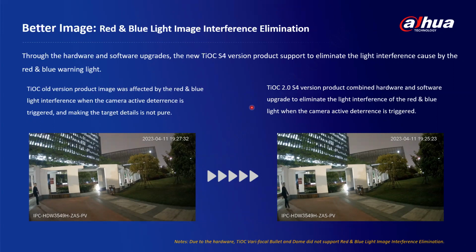That eliminates the interference so you can see clear, precise details of what is happening outside. The old TiOC version product image was affected by the red and blue light interference when the active deterrence was triggered, making the target details not so pure.